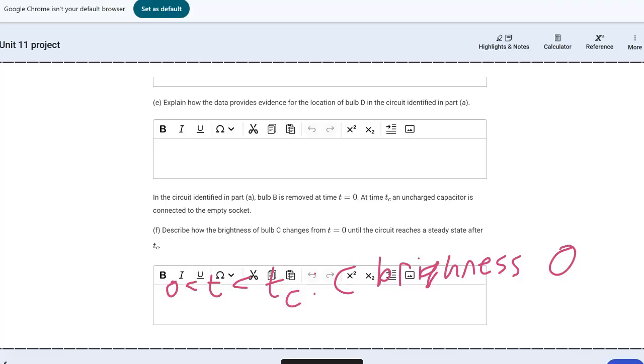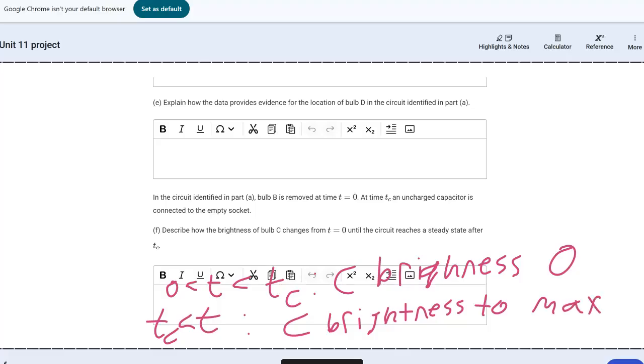And then immediately after tc, so t greater than tc, the uncharged capacitor will behave like a wire, so it would suddenly surge, and C's brightness would jump to max.